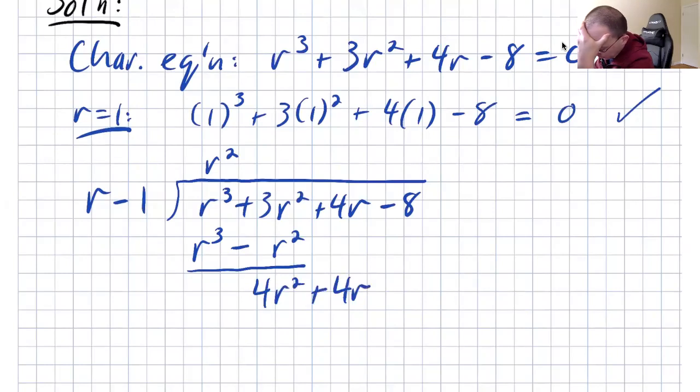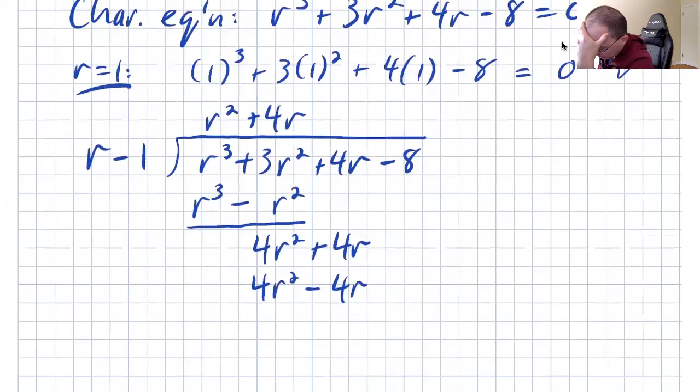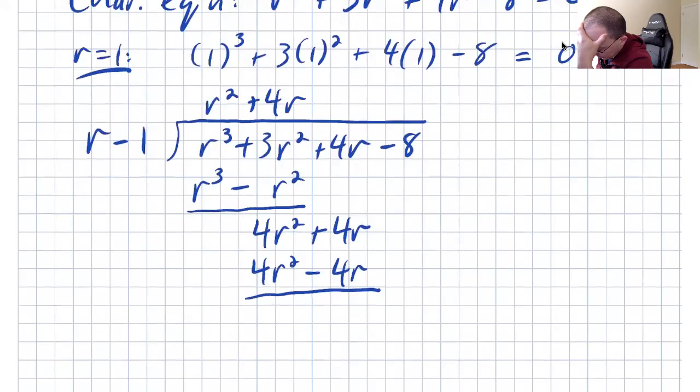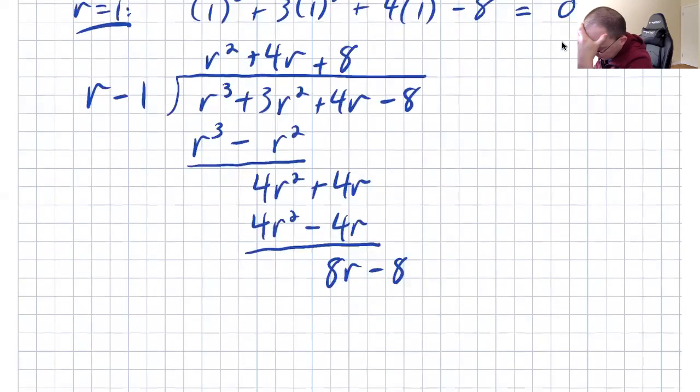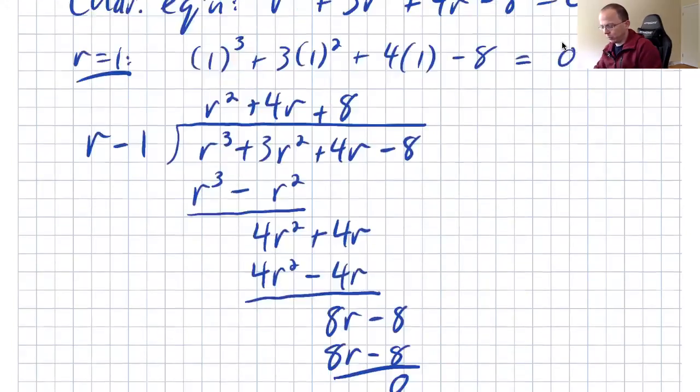So now we have 4r squared, so we're going to do plus 4r, and then minus 4r. So 4r times r minus 1 gives us this. And then we subtract that, and that gives us 8r, and then bring the minus 8 down. So that gives us 8r minus 8, and a remainder of 0, which is what we expected.